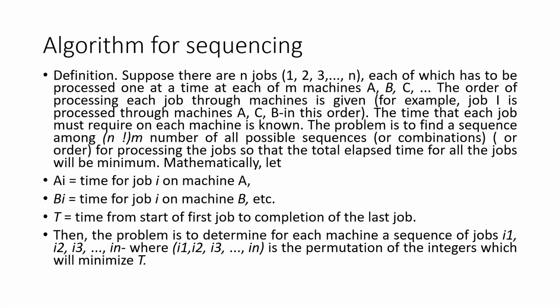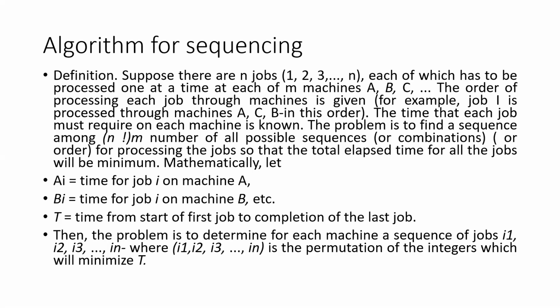The problem is to find a sequence among the (n!)^m of all possible sequences or combinations or orders for processing the jobs so that the total elapsed time for all the jobs will be minimum.